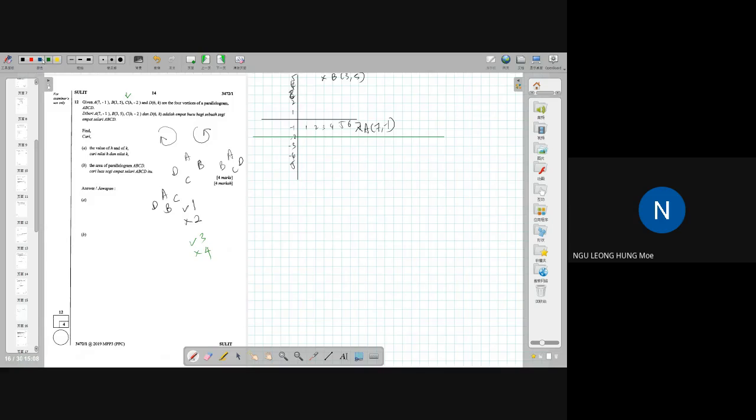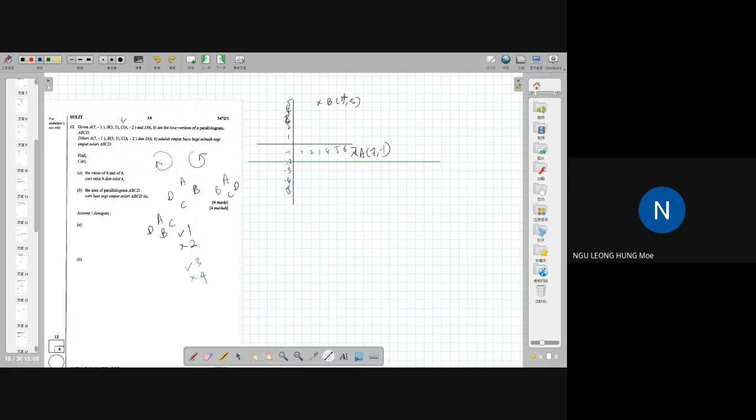Okay, so another line, I will use the blue for the D. The value of x is 6, so somewhere here. That means the coordinate D is somewhere along this blue line.